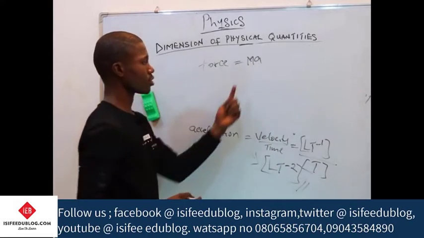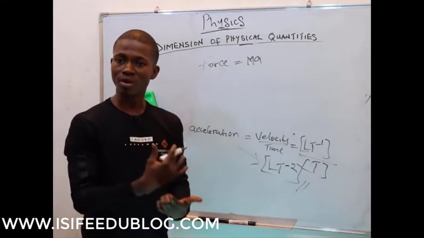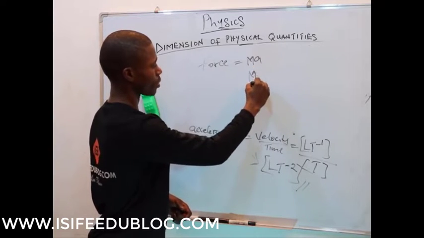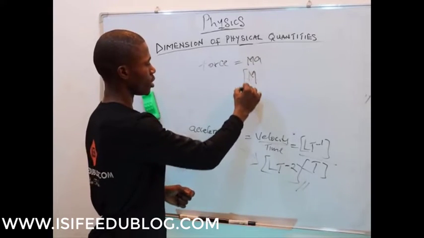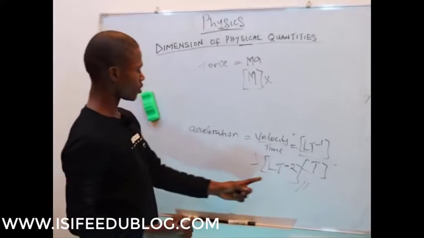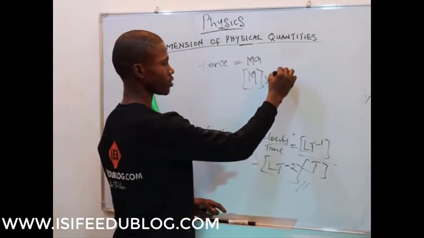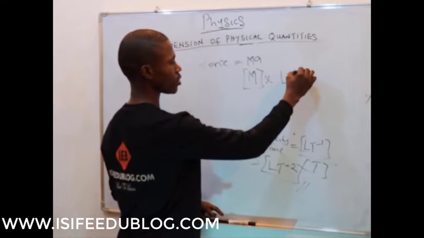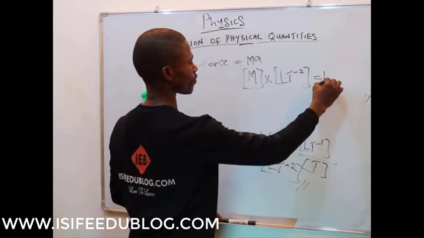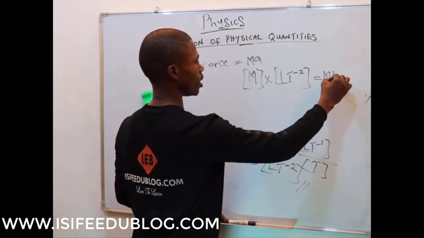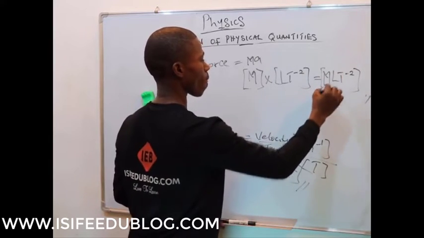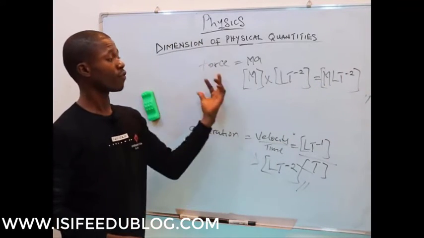Mass is measured in terms of capital M, enclosing our brackets, times our acceleration. Acceleration is LT minus 2, which will give us a dimension of M times LT minus 2. This is it for force.